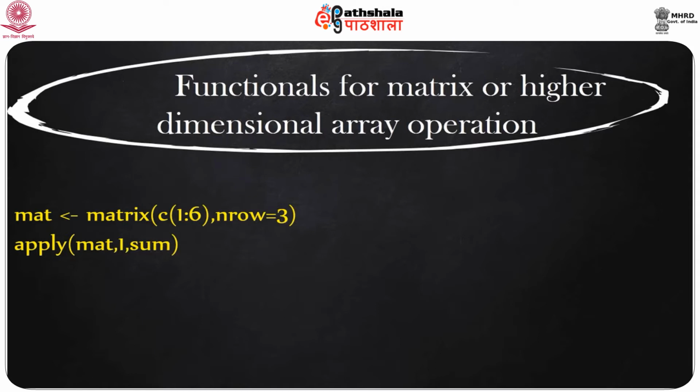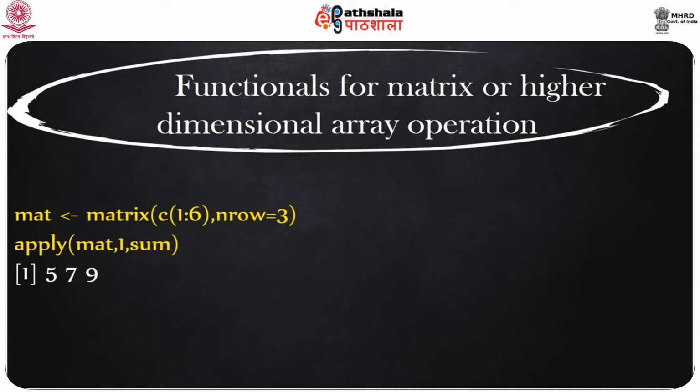Here we are writing apply, then mat, comma 1 and sum as the arguments. The objective is that we need to deal with the rows of the mat matrix, that is why we have written 1 here. If we use the function sum, then we get the row sums corresponding to the elements of the mat matrix.